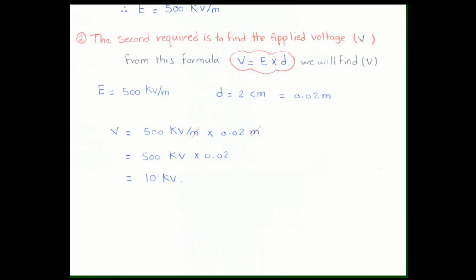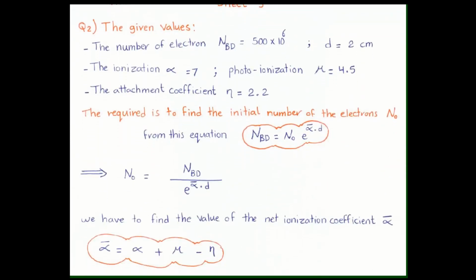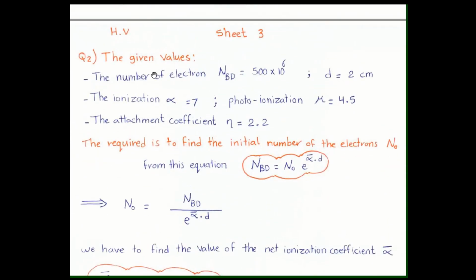Let's move on to the second question. The given values in this question: he gives us the number of electrons at breakdown, which we call NBD, equal to 500 into 10 to the power 6, and the distance, which we call D, equal to 2 centimeter.